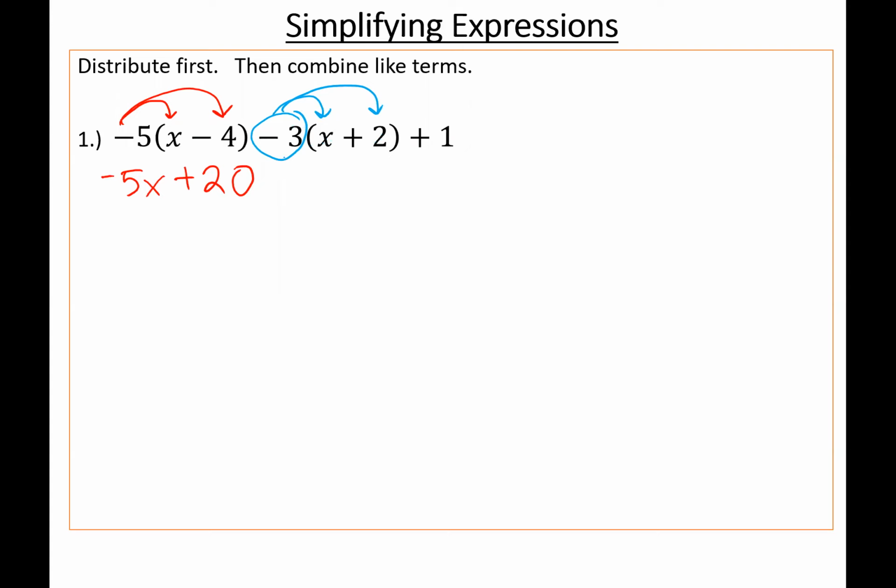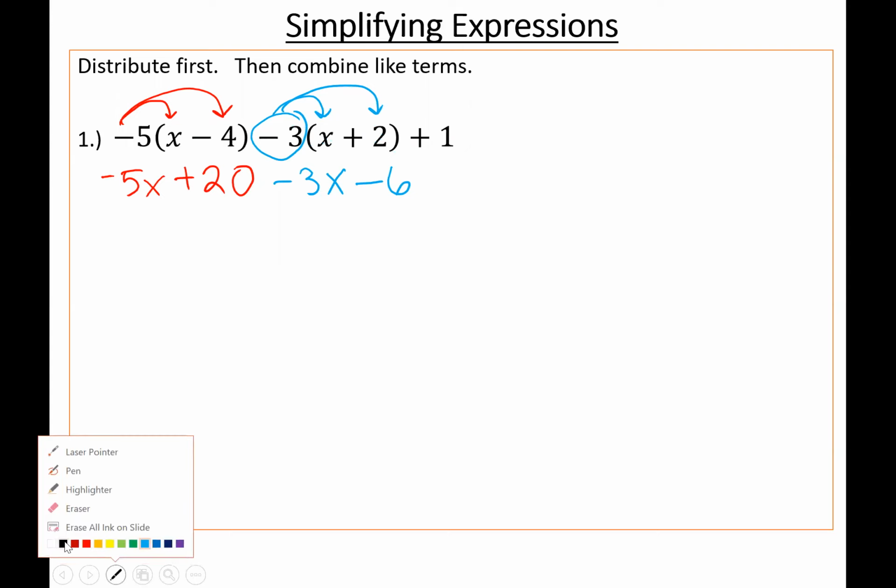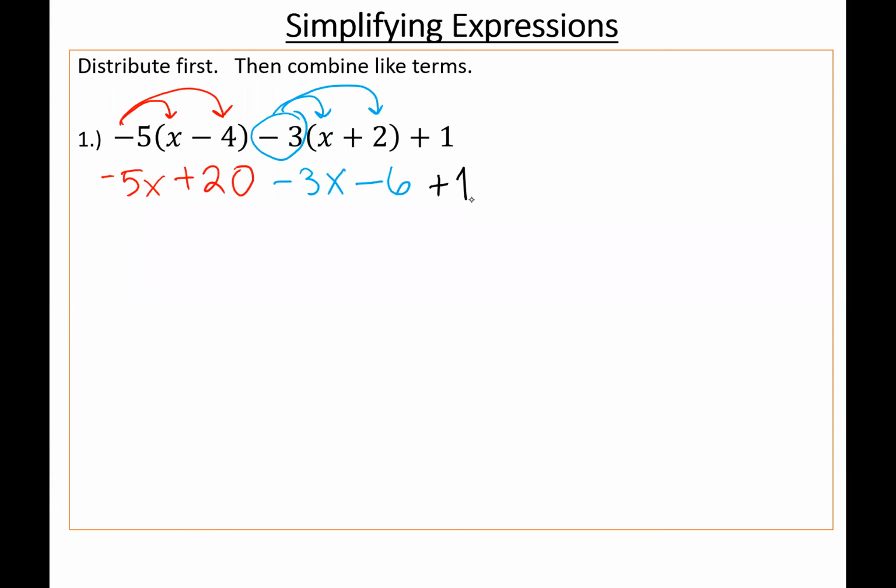So -3 times x is just -3x or minus 3x. -3 times 2 is -6. So I'm writing -6. You could write plus -6, but I'm just writing -6, same thing. And then finally, there's this plus 1. Now, that was not in parentheses, so nothing gets distributed towards that plus 1. We're just copying it down.